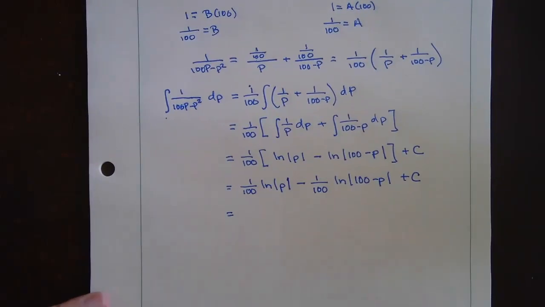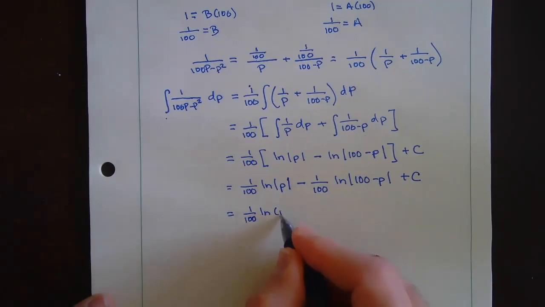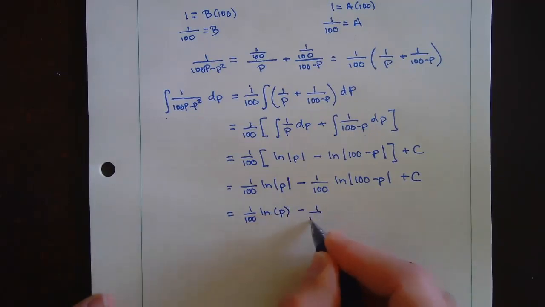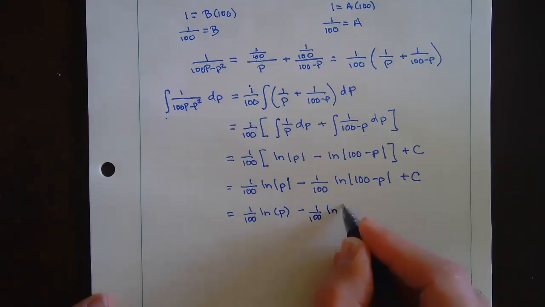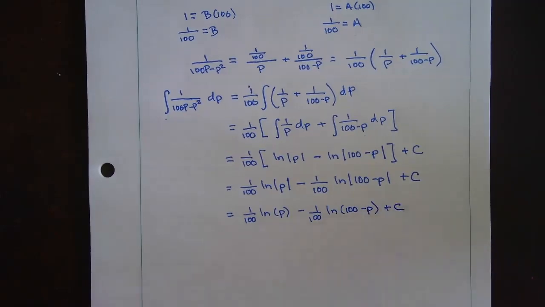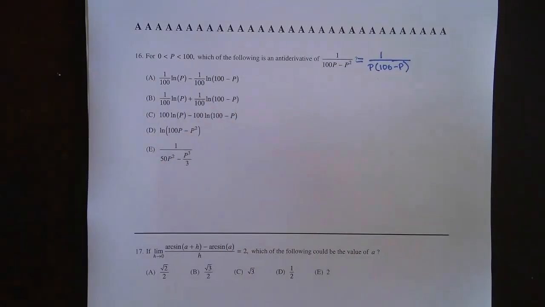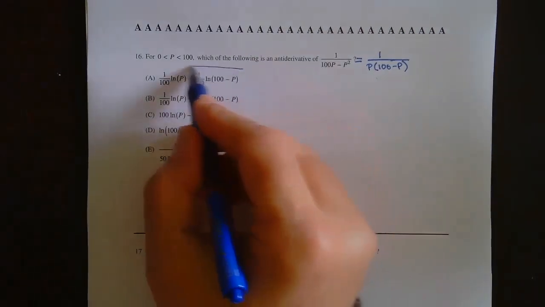So this becomes 1 over 100 the natural log of P, minus 1 over 100 the natural log of 100 minus P, plus the constant C, okay? And the correct answer for that one would be A. So that would be this one right here, A, and let me circle it.